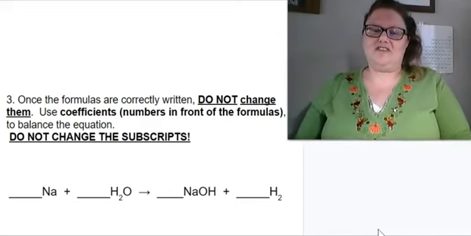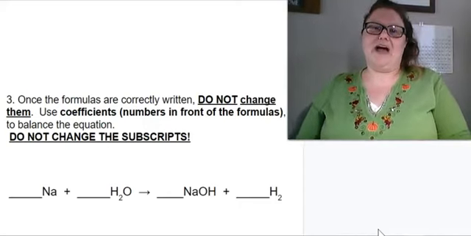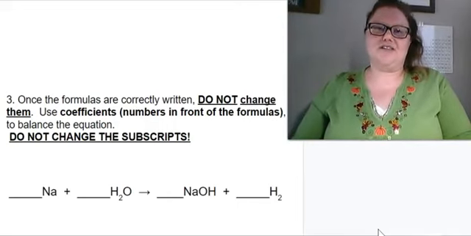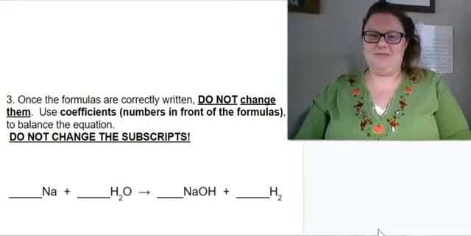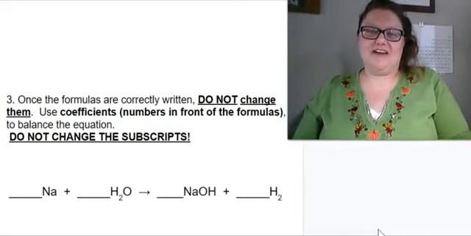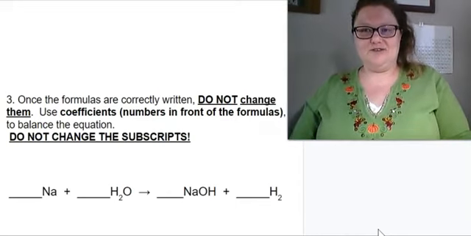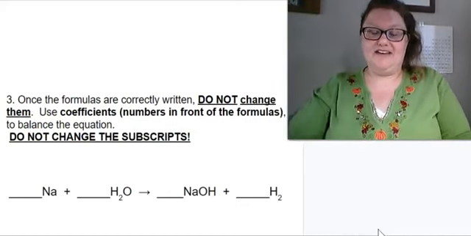Okay, we're going to place numbers in front of each of these formulas here to balance our number of atoms. You cannot change the subscripts to make it fit and balance it. You're changing what that substance's identity is if you change the subscripts. So you can't do that. What you have to do is just change how many of them you have, and that's the coefficient.